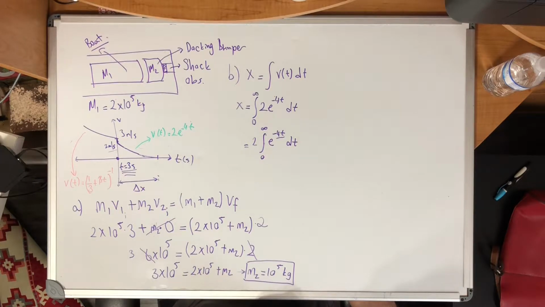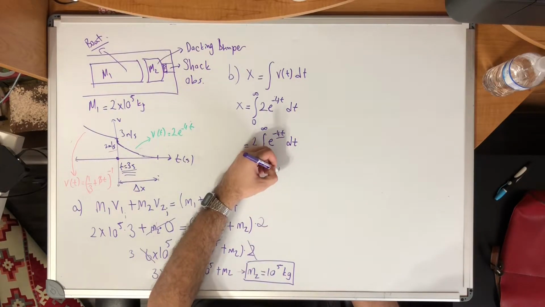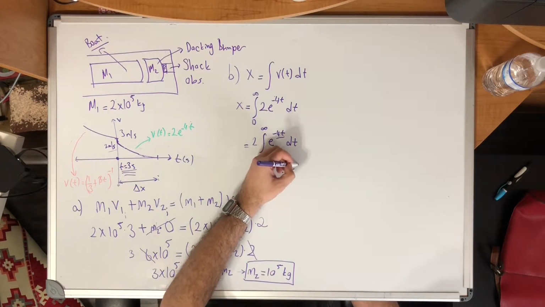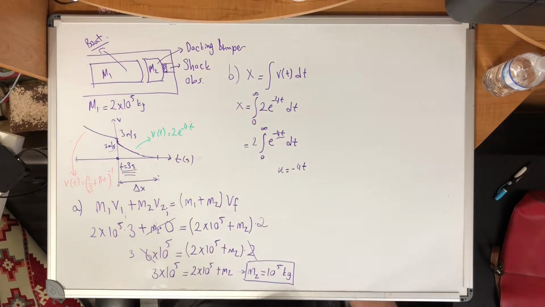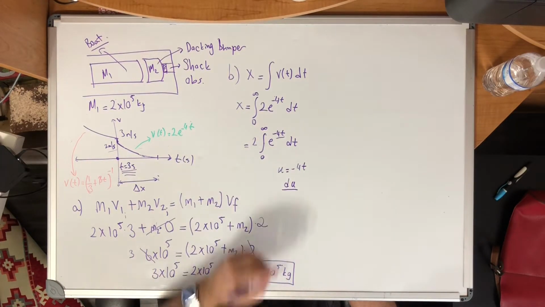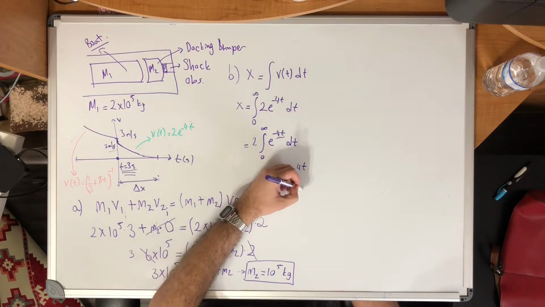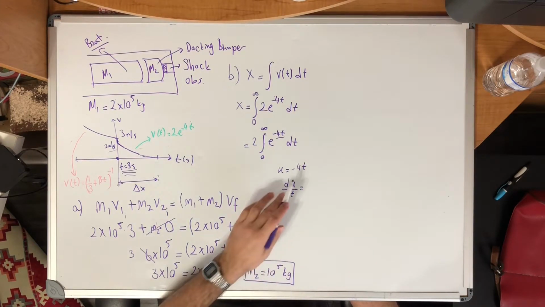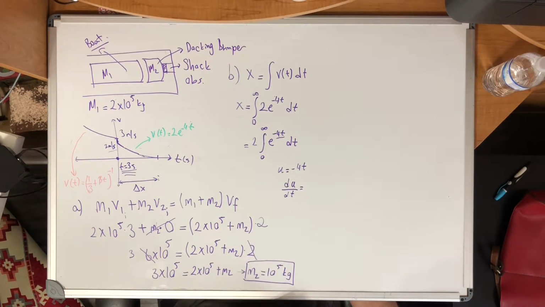So the way to integrate that, you just put u for the power. So negative 4t, we call it u. Then we are going to take the derivative of this u with respect to time, so du over dt, and that is going to be equal to what? What's the derivative of negative 4t with respect to t?